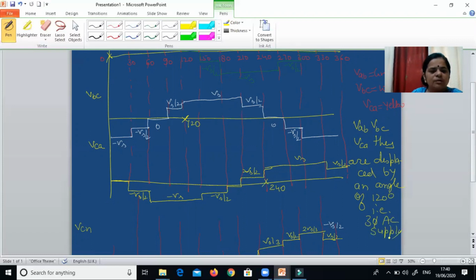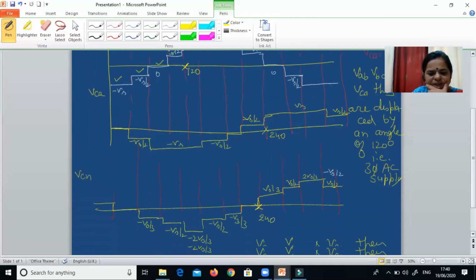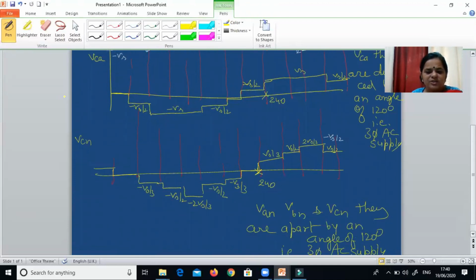Now if you observe these waveforms, how many levels am I getting? I am getting minus Vs level, minus Vs by 2, 0, Vs by 2, Vs. So the total number of levels in the line voltages is 5. Whereas the levels in the phase voltages, for one of the phase voltages: 1, 0, Vs by 3, Vs by 2, 2Vs by 3 and their negatives.